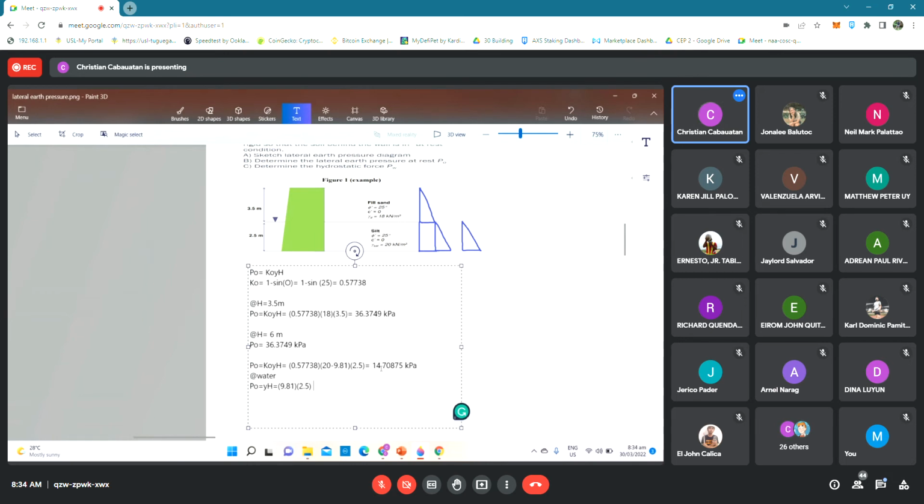The value is 24.525 kilopascal. So that is the lateral earth pressure when it is at rest. Those are the values of the lateral earth pressure when it is at rest.